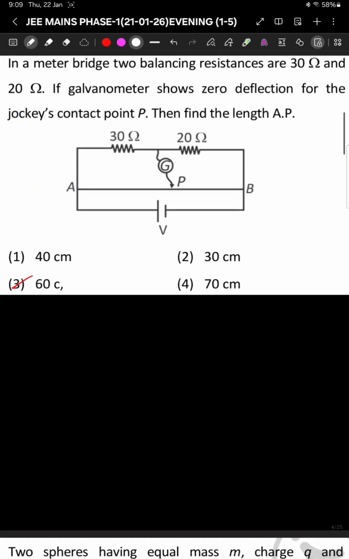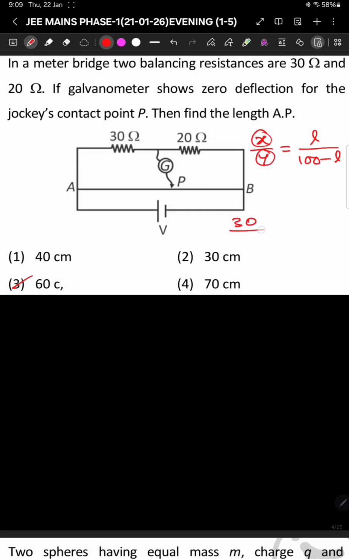Fourth question. It is a meter bridge given, and here the left resistance is 30 and the right resistance is 20. They asked to find the AP length. We know the formula for the meter bridge: x by y equal to L by (100 minus L), where x is the left resistance and y is the right resistance.